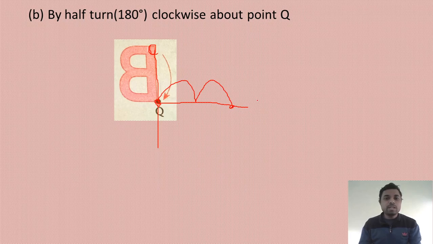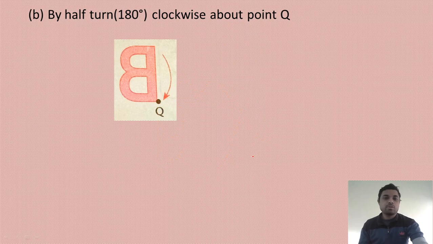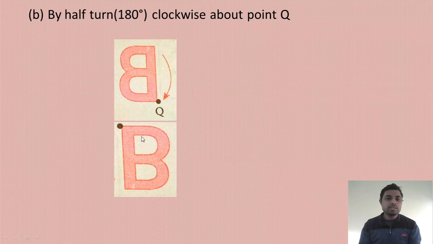Again, if it rotates again from here to here, it looks like this. Just see, this line will be here, this line, and the figure looks like this. Here this is the point Q, and it looks like this.